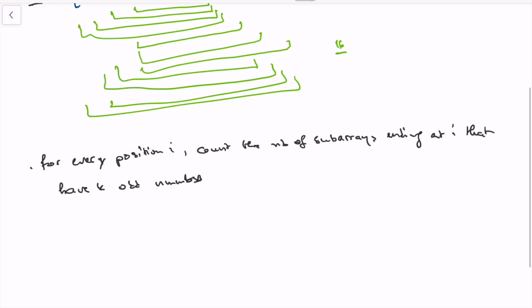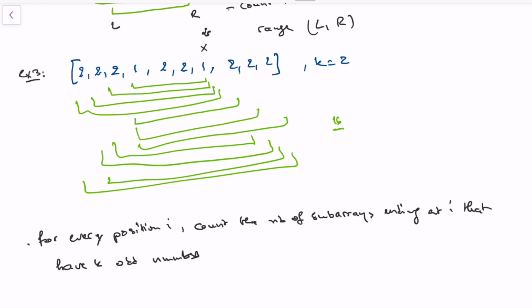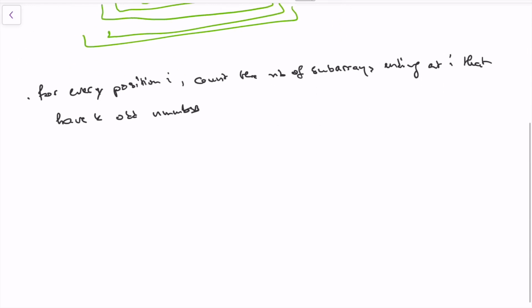So for this case, for each position i, we want to count the number of subarrays ending at that position that have 2 odd numbers, right?